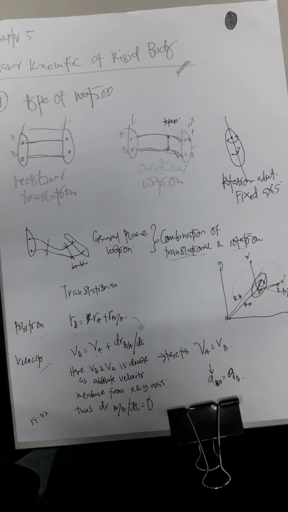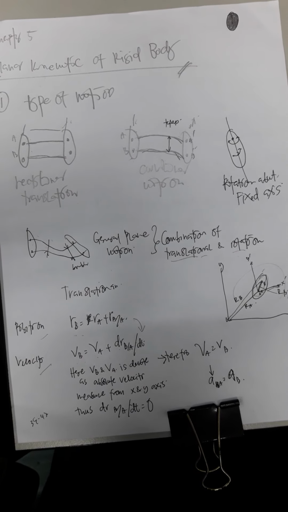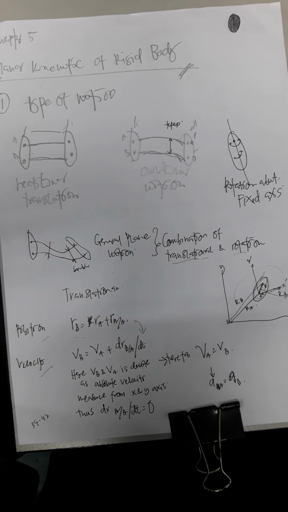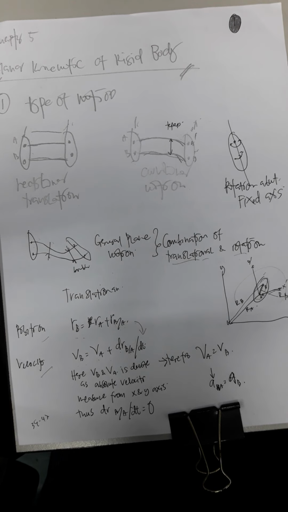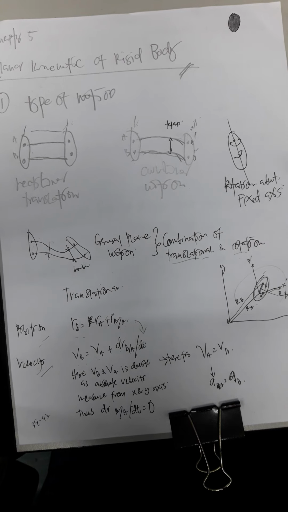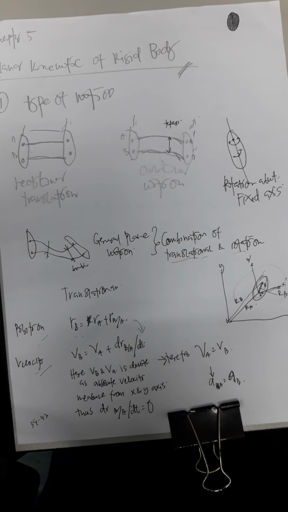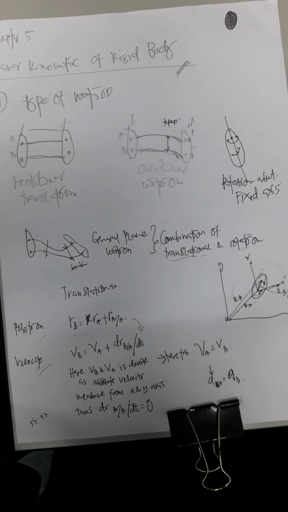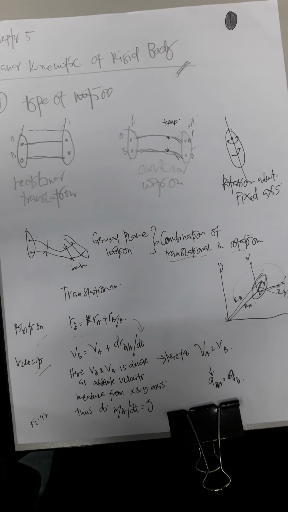Okay. So in translational motion, how to calculate the motion, we have to know the position and velocity. The translational motion has a position, and generally we use the relative position.